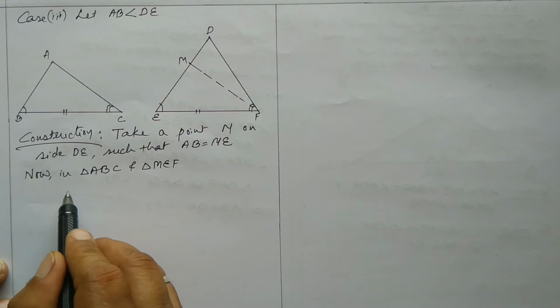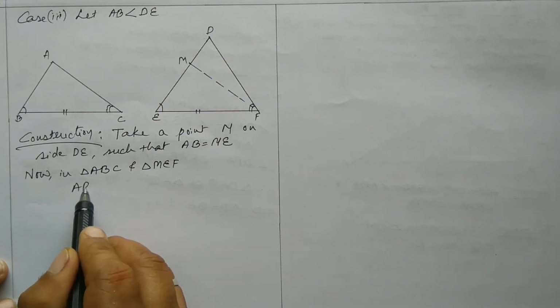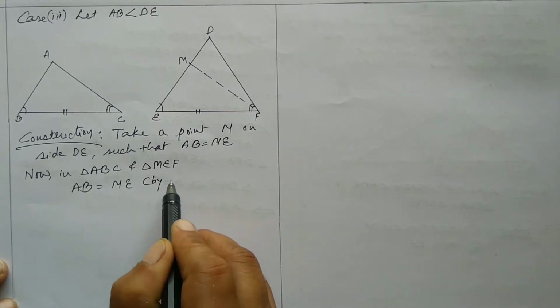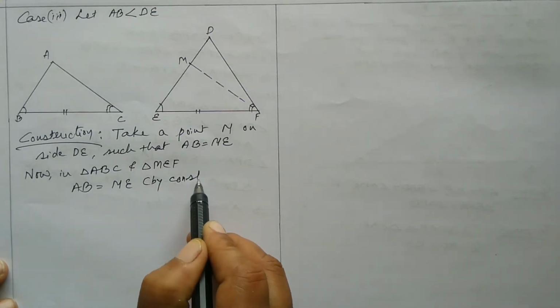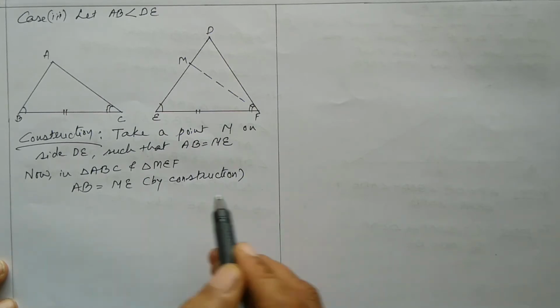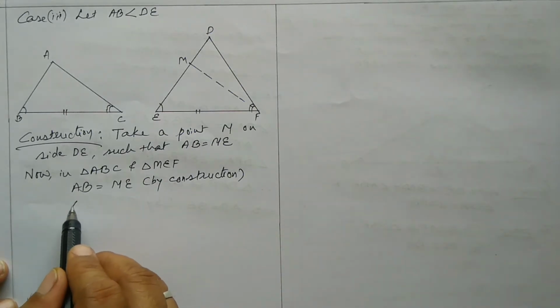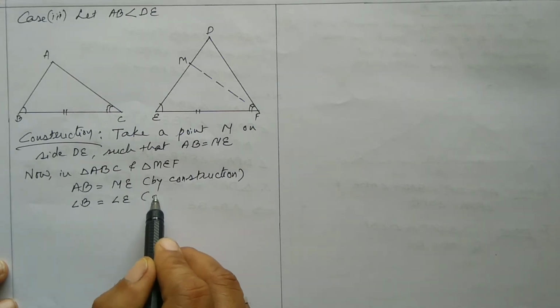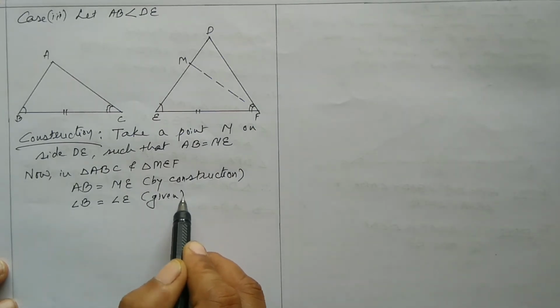are congruent. So what we are getting, AB is equal to ME by construction. This is one pair of corresponding side. Then angle B is equal to angle E. This is given to us.